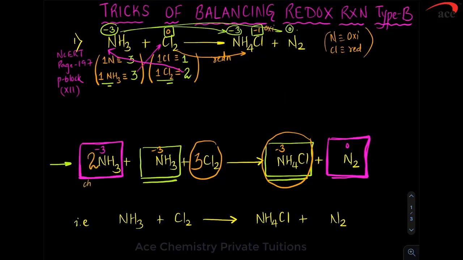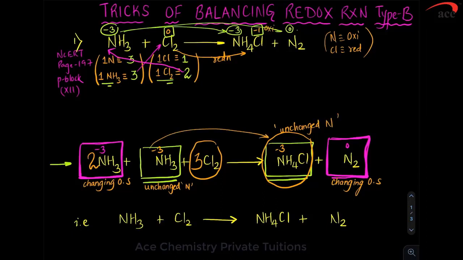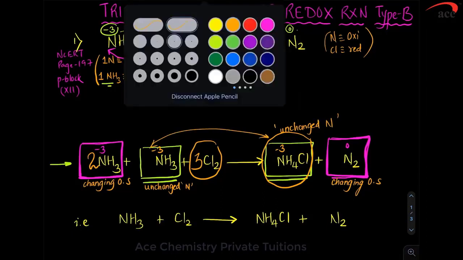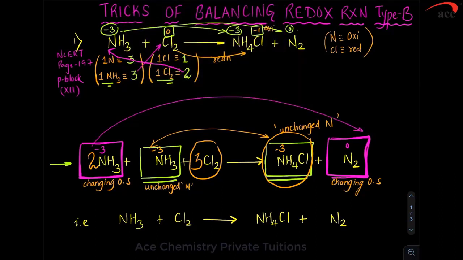I'll call this a substance with changing oxidation state. I'll call this also with changing oxidation state. I'll call this nitrogen unchanged, unchanged nitrogen. This also is unchanged nitrogen. Remember, the balancing of these two are associated with each other, and the balancing of these two is associated with each other.